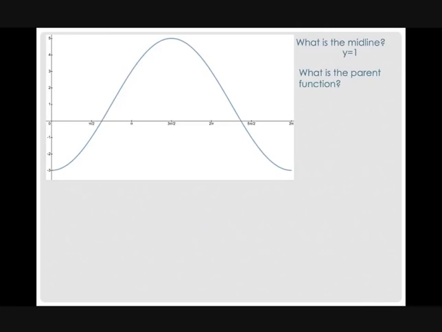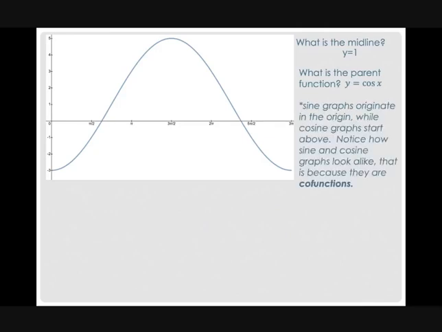So cosine starts high and then it goes lower, while sine continues to stay high before dipping in the third quadrant. And I mentioned this before, that sine and cosine graphs are cofunctions, and so that's why they look alike. They're just horizontal shifts of each other.